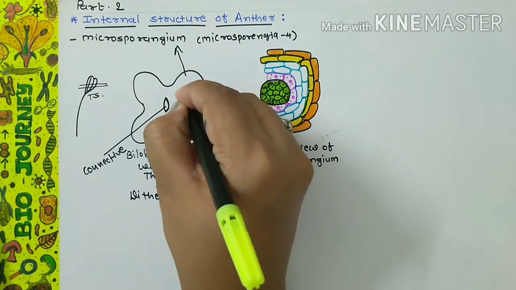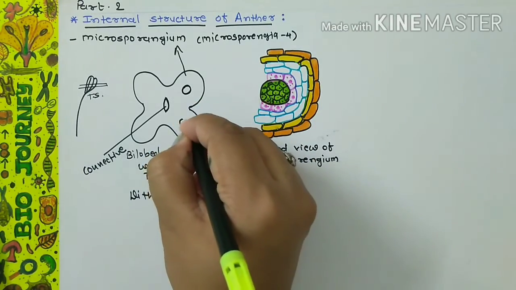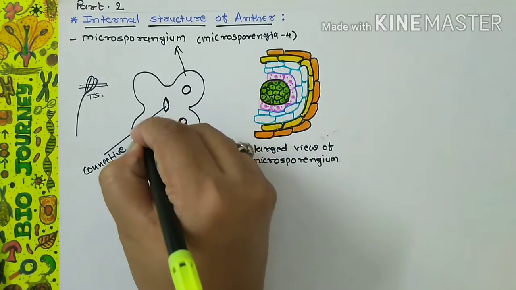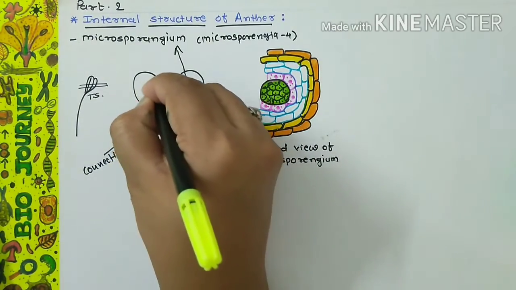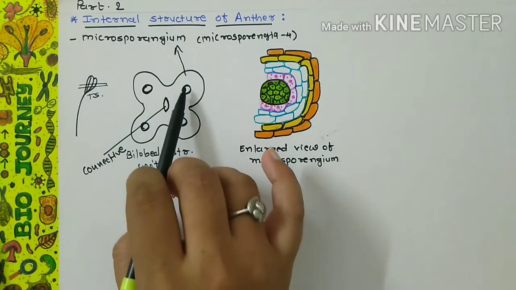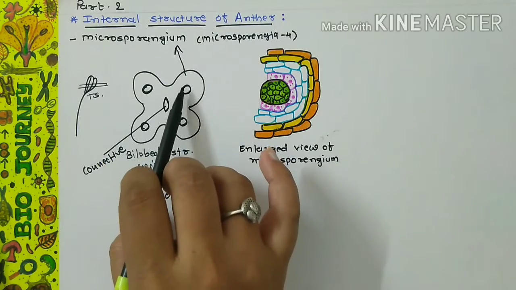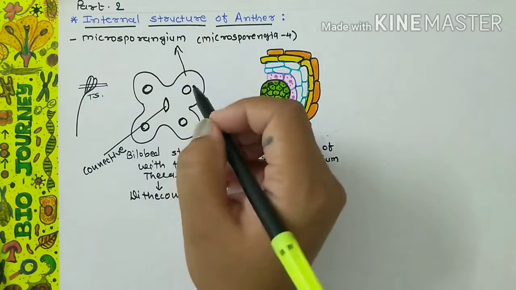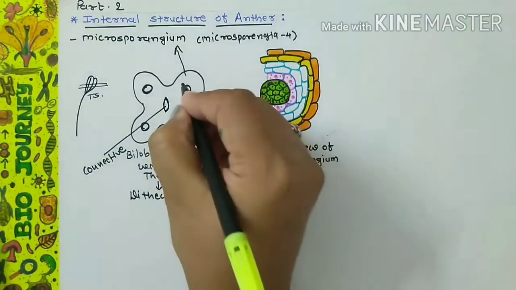In the center, we see a collection of cells, the sporogenous tissue mass, and it is covered with four different layers.